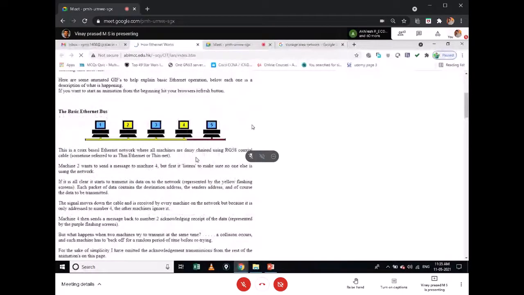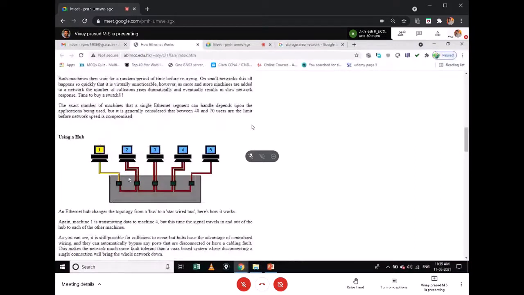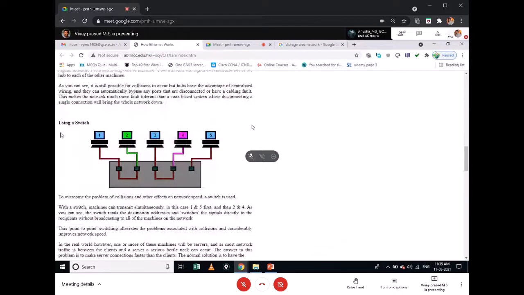Okay, so I just wanted to show you this. This is what hub-based is. If anyone sends, that will be sent to everyone, to every port. There might be a chance of collision if more than one are sending their data at the same time. But what about switching?